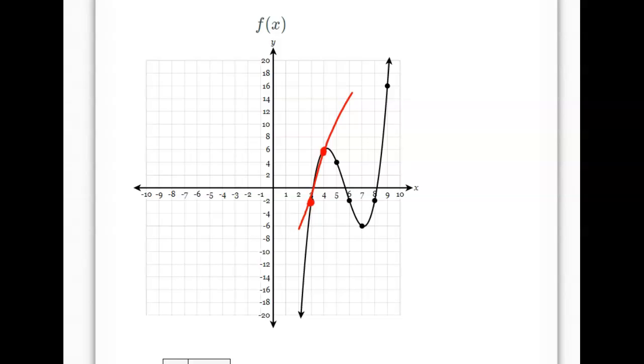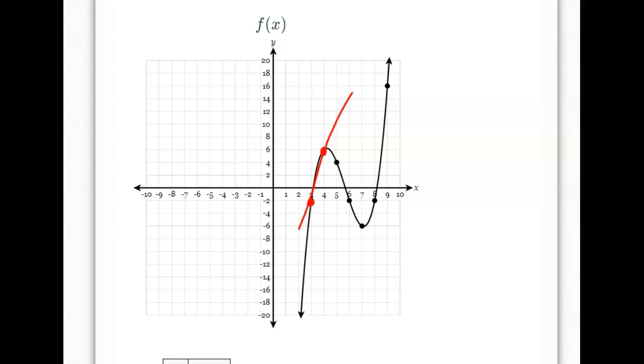And I can already see that the average rate of change there is fairly steep and it's positive. And I could count my difference here. I have to be very careful of my step because on the x-axis, it's increasing by 1, and on the y-axis, I'm increasing by 2. So I have to be very careful about that.